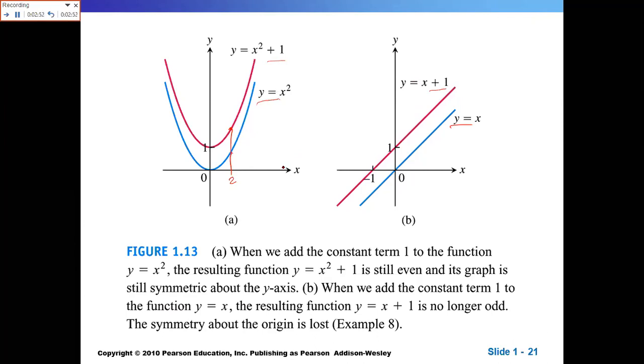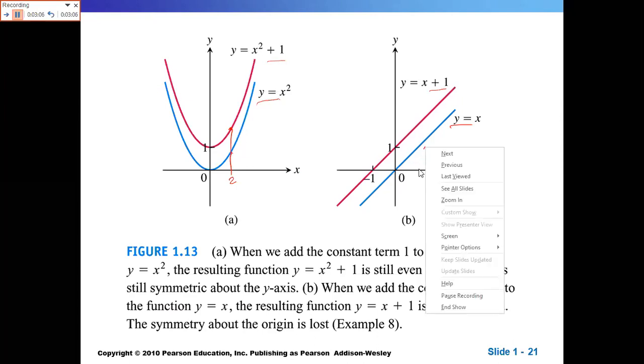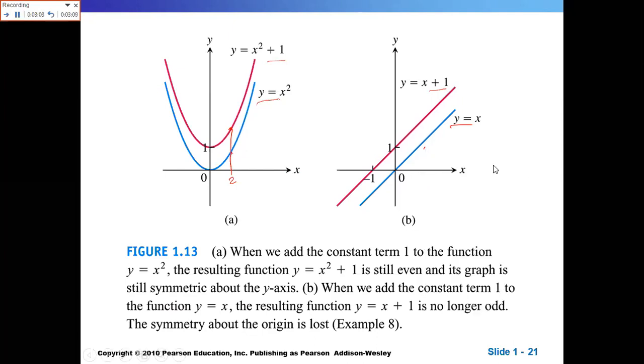Is this graph even or odd? It's odd. That means, if you look at this point, assume that this is 1. If you go up here, 1 has what value? 1.